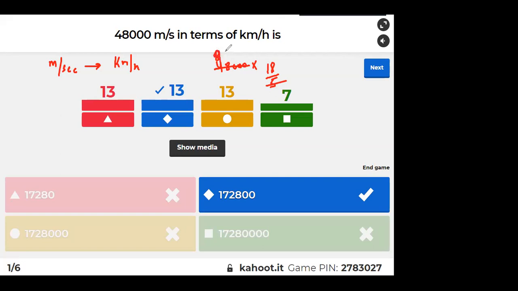So it is 960, 0. If you divide this by 5, it is 9600, right? And into 18, 96 into 18, which is 172800. Clear here? Yes, 172800. So I hope all of you got it. Next.